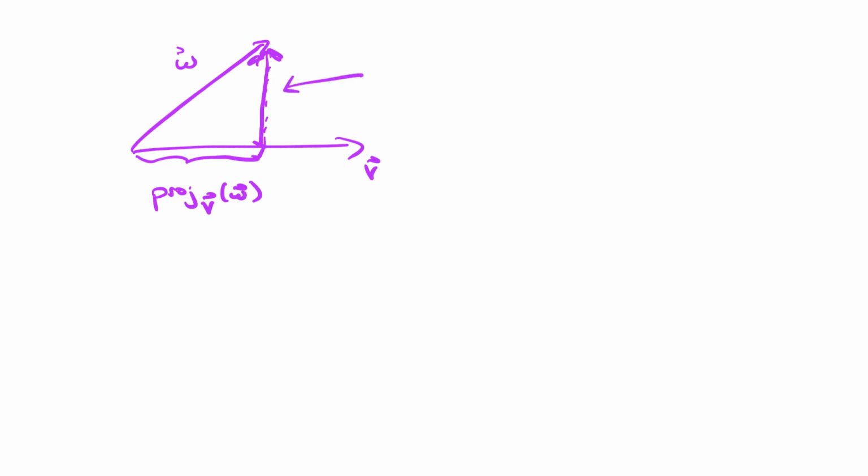Now, when we're doing a vector projection, if we want the vector that's perpendicular or normal to the vector projection, so here's V, here's W, and this is the projection onto V of our vector W, this vector is called the normal vector.